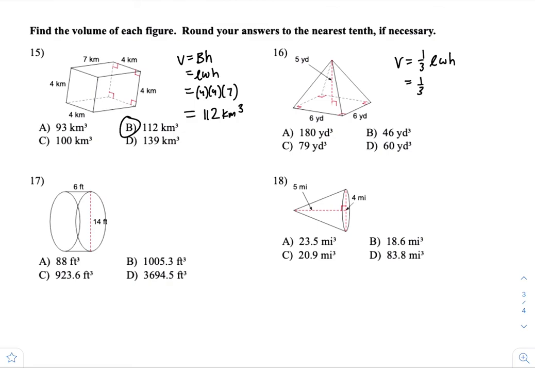So 1/3 times 6 times 6 times 5. Put that in your calculator. That's going to be 60 yards cubed, which is D.